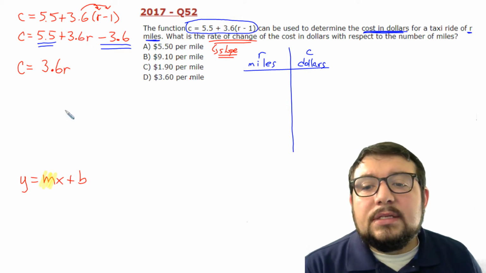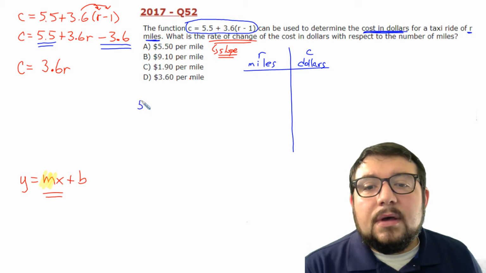That's good for me, because right here I had my mx: this is the m, and the r is the x. This is looking more and more like slope-intercept form, and I can already see the answer to this problem, but I'll just finish it off.